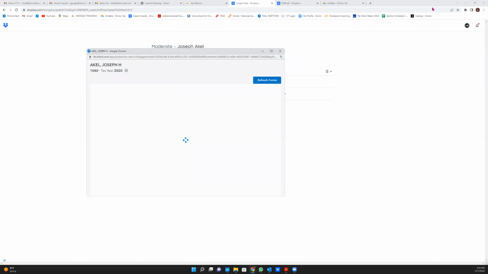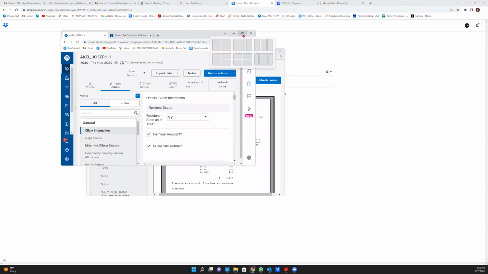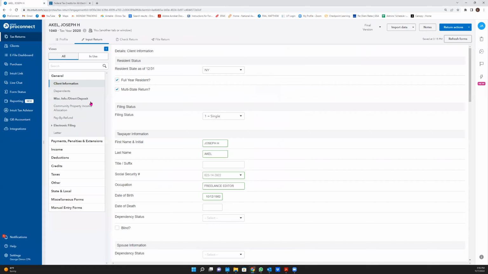So whenever you are in ProConnect, you are going to see on the left-hand side this tab, right? Technically speaking, it is quite intuitive because of the way that taxation works.